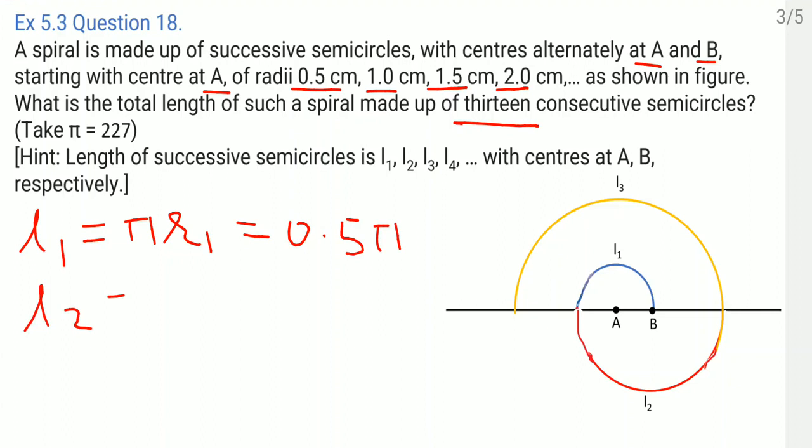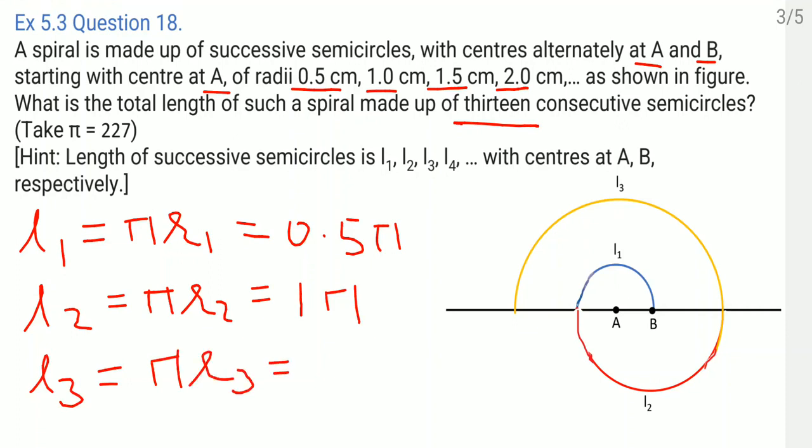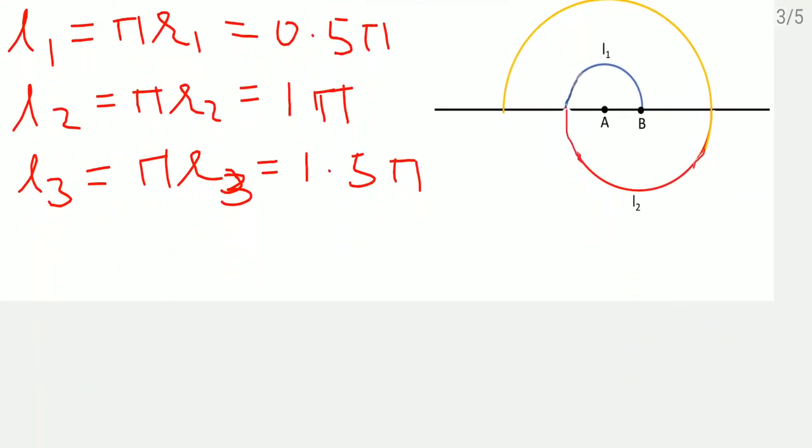Now L2, which is equal to pi R2. Now in this case, R2 is 1. Radius is 1. So 1 pi. Now L3. So here pi R3. In the case of R3, our radius is what? 1.5. Okay. So here 1.5 pi. Now just see, we got the length of each semicircle.